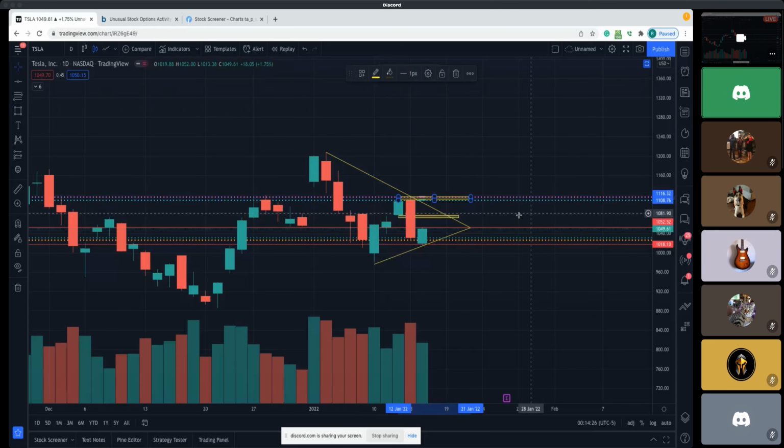On the bottom, for me, I'm never putting a take profit or a stop loss on Webull or whatever broker I'm using. I'm just looking at these zones on TradingView. I'm never putting anything out there. Here, the previous close, which is also huge.